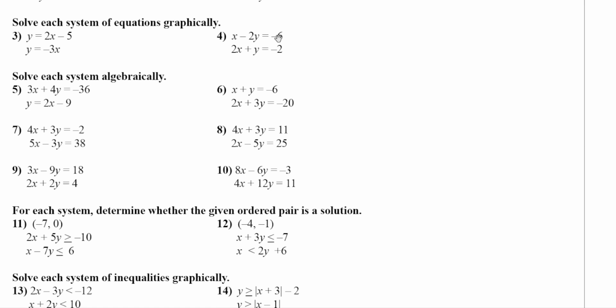Remember how I always talk about how it's important to be accurate, especially with the slopes. If the slopes are real close to each other, like 1/2, I went 1/2, 1/2, 1/2 several times to make sure it was accurate. This is a situation where it's very helpful to be very accurate with your graphs so you know exactly where they intersect each other. So make sure that you're accurate.